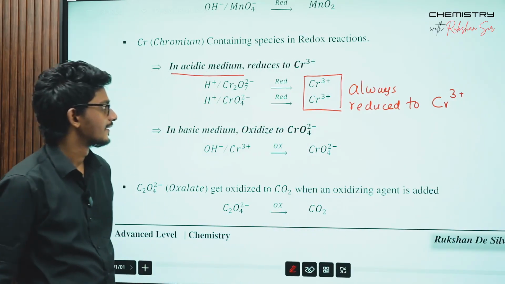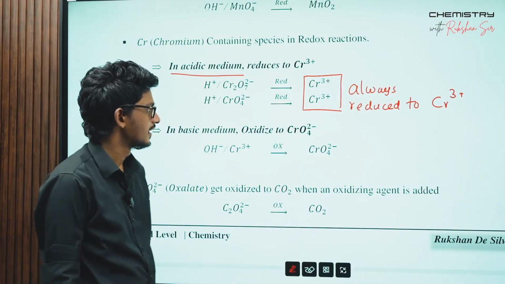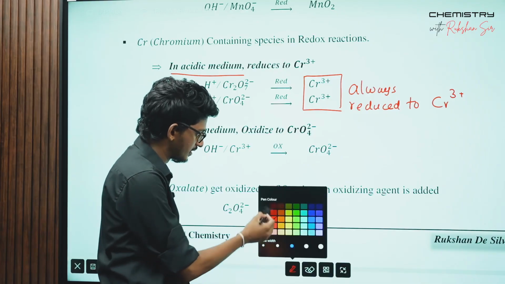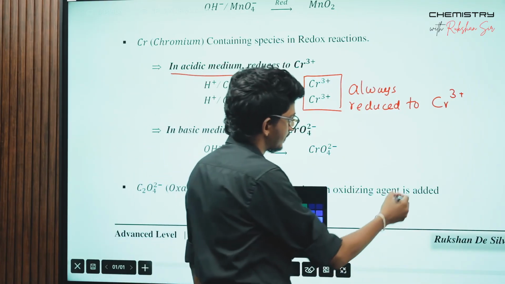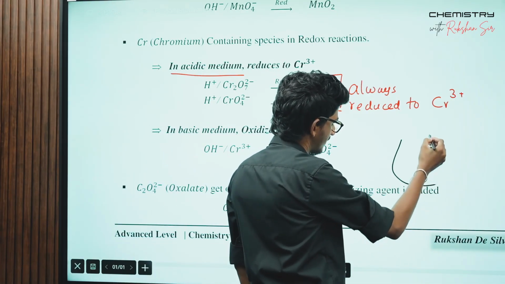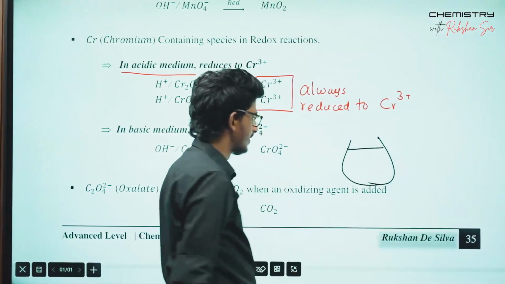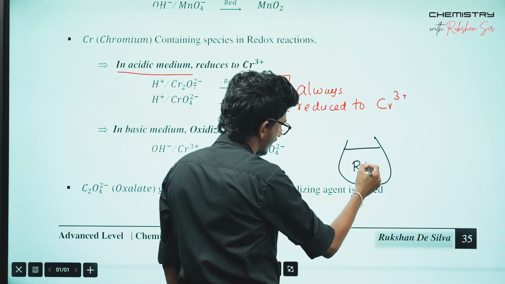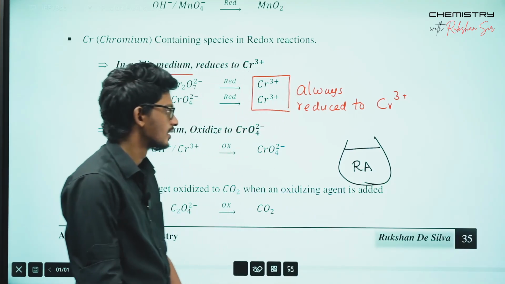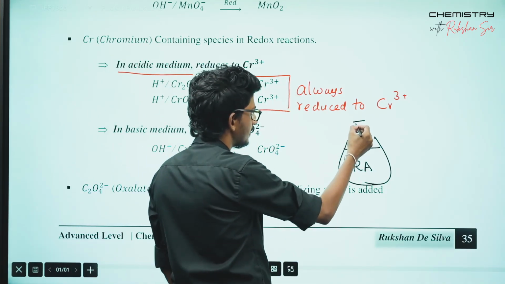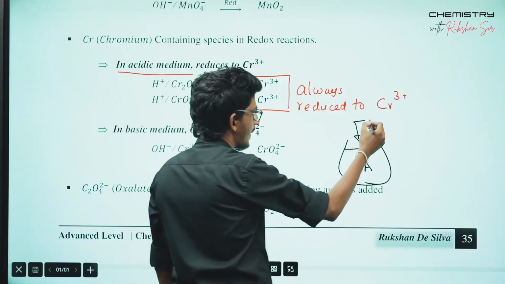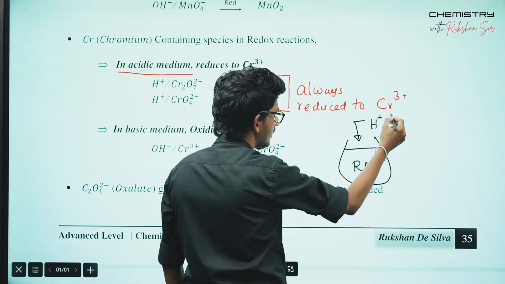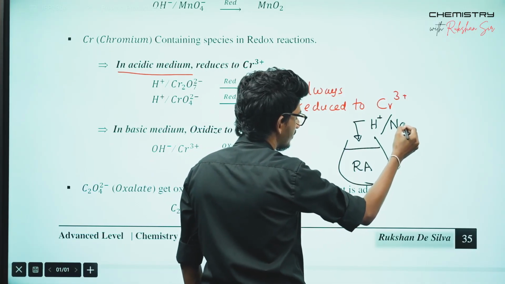The idea is clear. If you need an example, let's say you have a flask with some reducing agent available, and you are adding acidic medium sodium dichromate.